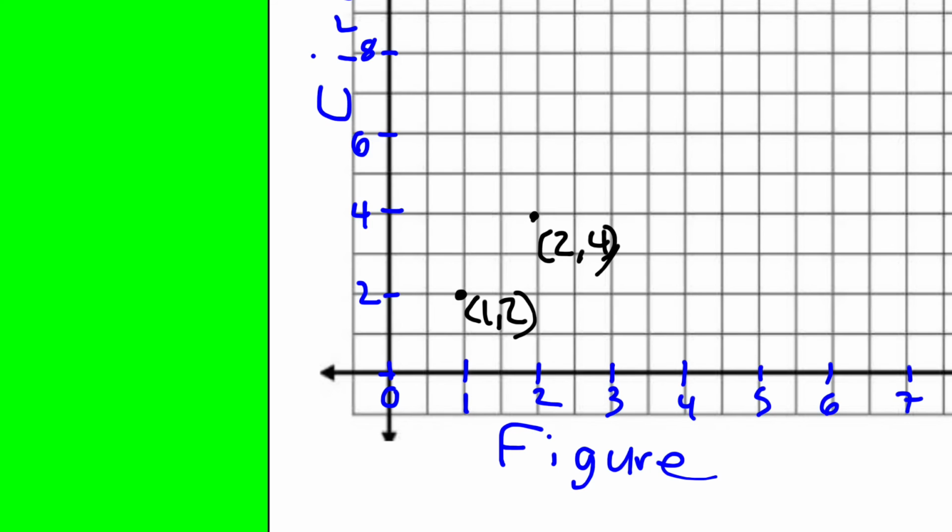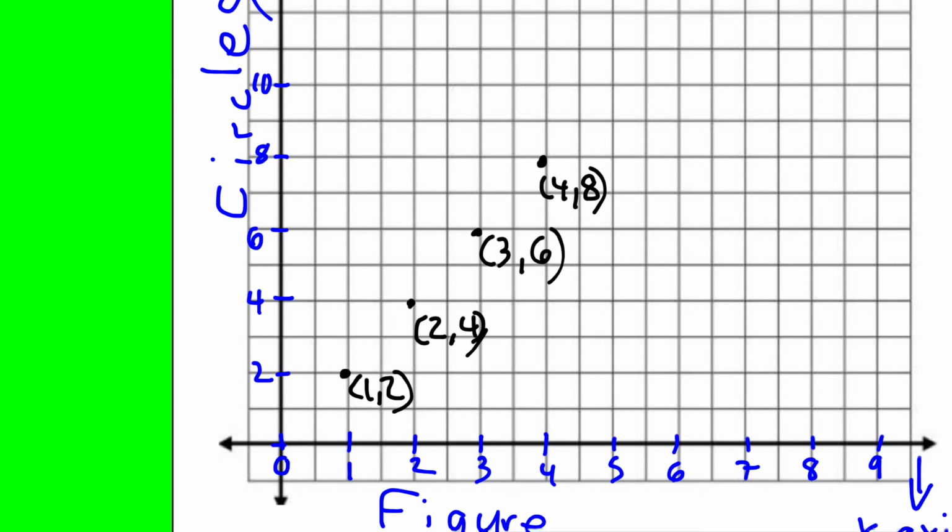Next will be 3, 6. Where they cross, I'll put a point. Next will be 4, 8. Where they cross, I'll put a point. And then finally 5, 10. Across 5, up to 10. Where they cross, I'll put a point.